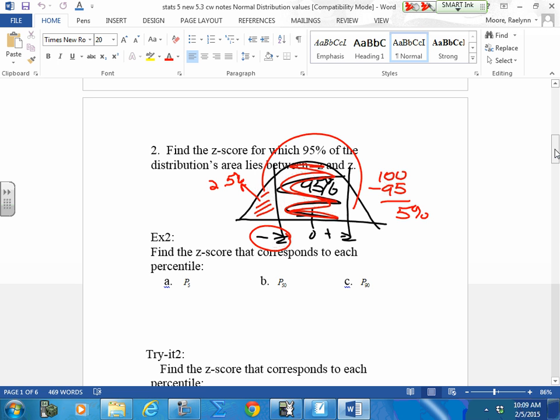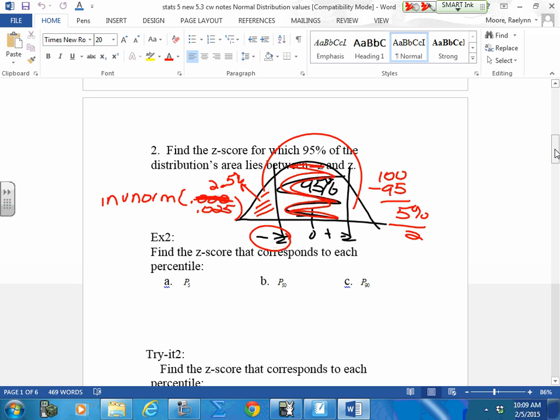They have to share this evenly, so each one of these gets 2.5. So now, all I have to do is look up the inverse norm of 0.025. Whatever the negative is, I also have the positive.